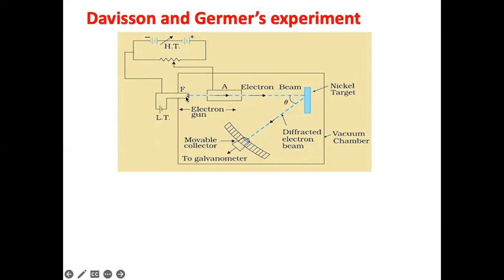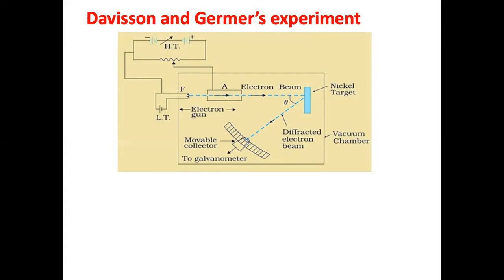When the electrons are released from the electron gun, they pass through the collimator. The collimator converts the electron beam into a very sharp beam, known as a pencil beam.